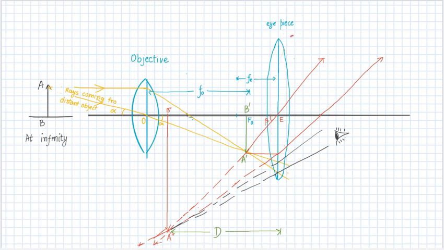Now, the final image makes an angle beta. Magnifying power is the ratio of the angle subtended by the image to the angle subtended by the object. Now, if you look carefully, your object AB is placed at infinity.